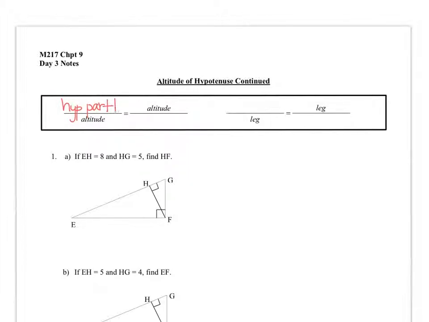Therefore, I'll have hypotenuse part 1 over altitude equals altitude over hypotenuse part 2. Very similar to that, either leg, I should say, is the geometric mean between the full hypotenuse and the adjacent hypotenuse part. And we proved all of this yesterday in our notes using similar triangles, so please reference those for help as well.